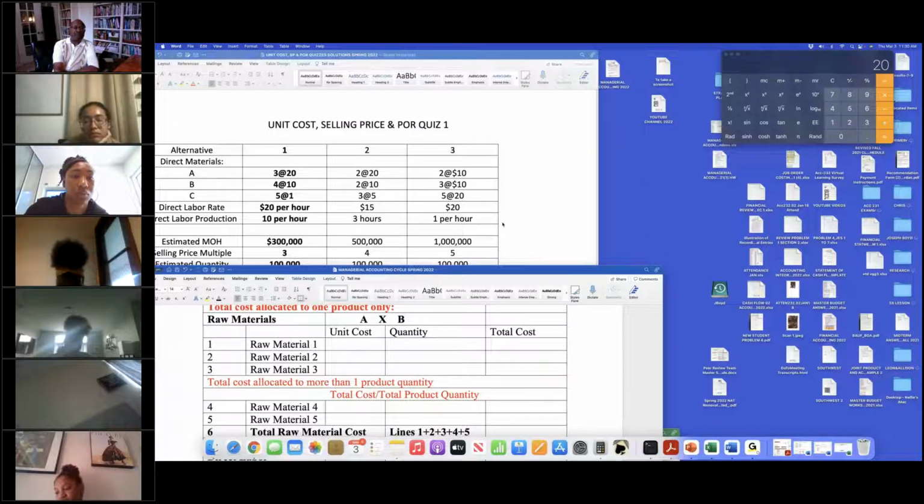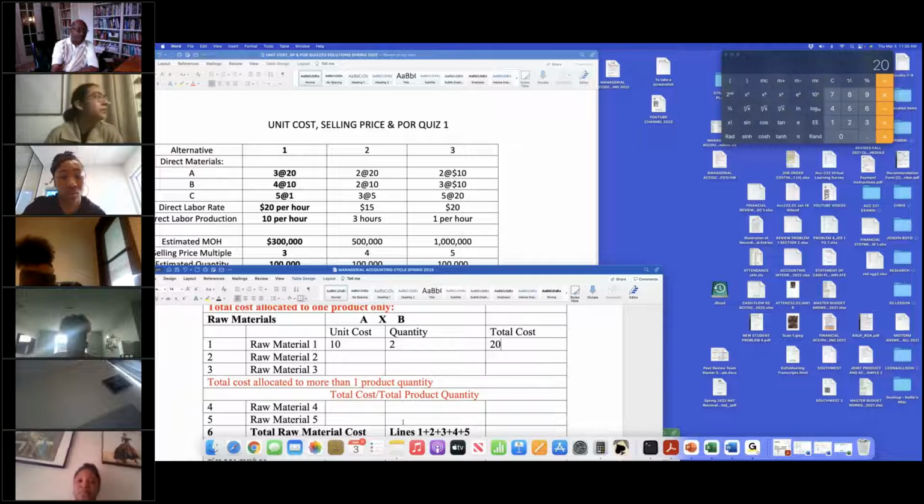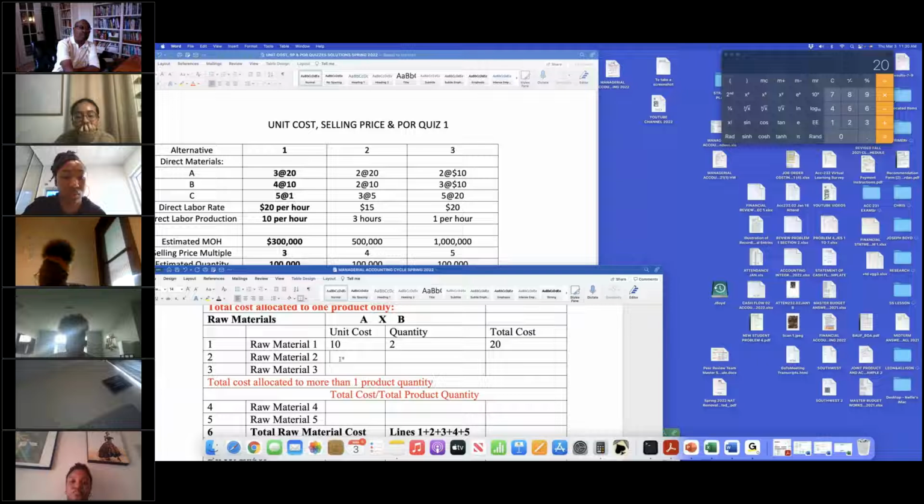We're on situation 3, number 3, and you're doing the raw material cost. So is it the unit cost times the raw materials? 10 times 2 gives you 20. Got it. What's our next one? The next one is 3 times 10, because we're on 3.